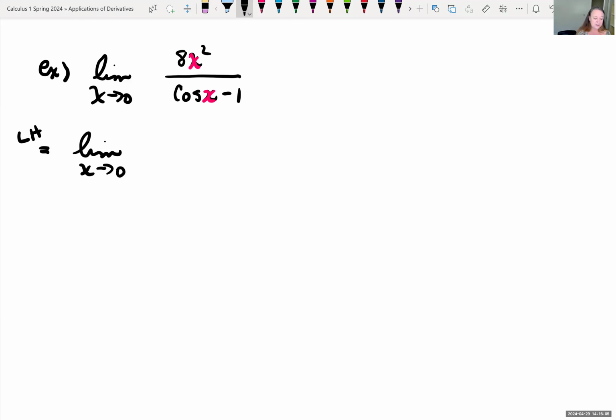The derivative of my numerator, 8x squared, bringing down my power, 2 times 8 is 16, subtract 1 from my power, I get 16x, all over the derivative of cosine x, which is negative sine x.